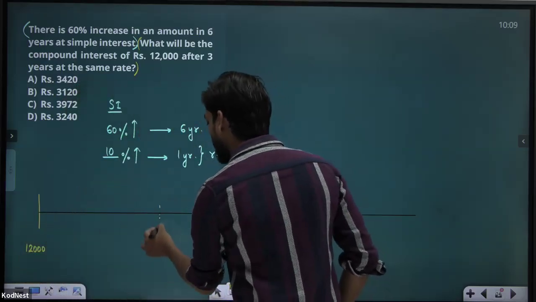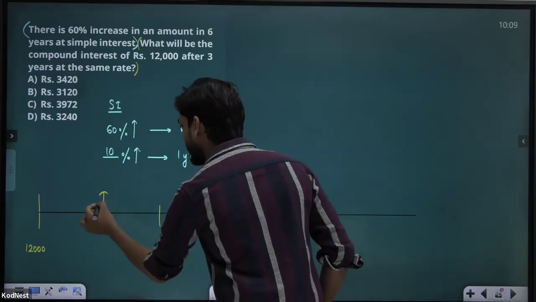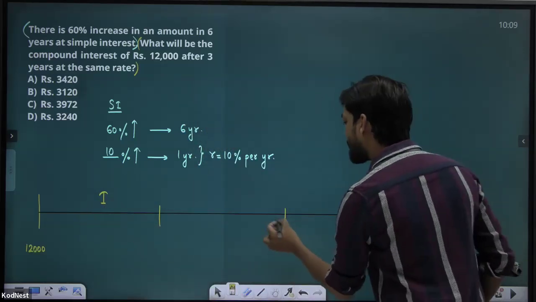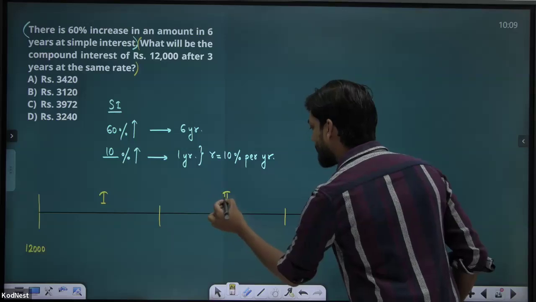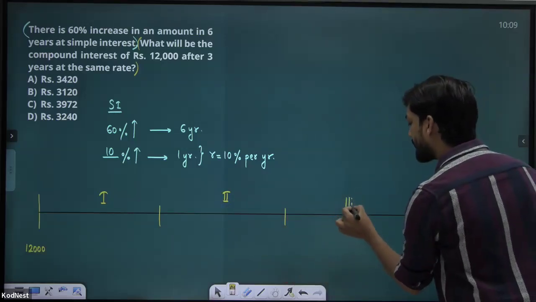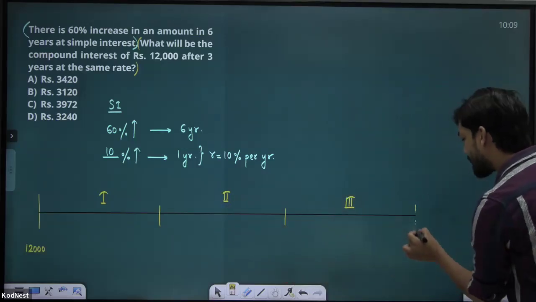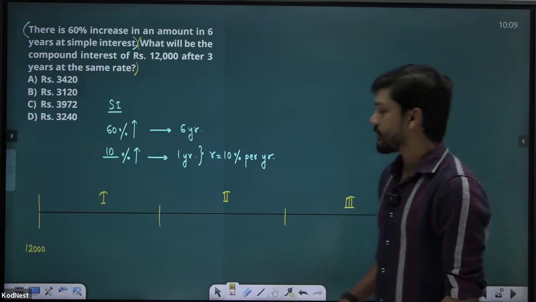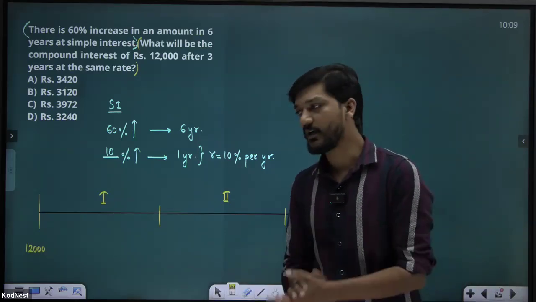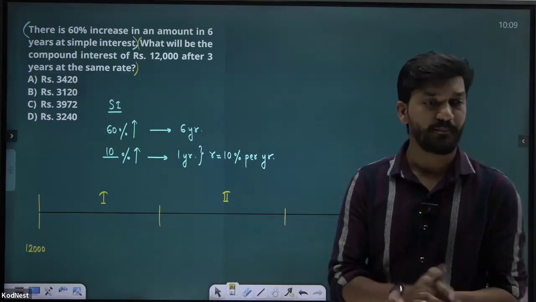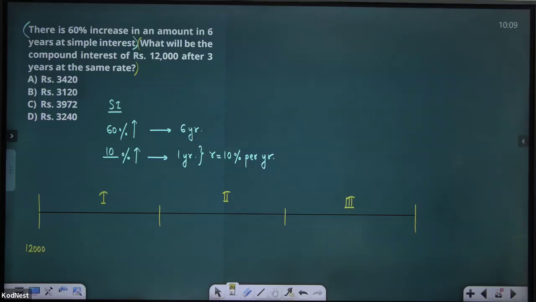We have to calculate for the first year, then we will calculate for the second year, then for the third year, and finally we will stop. Okay, so please start. First year, second year, third year, start one by one. Calculate the interest, not the final balance. Only interest.